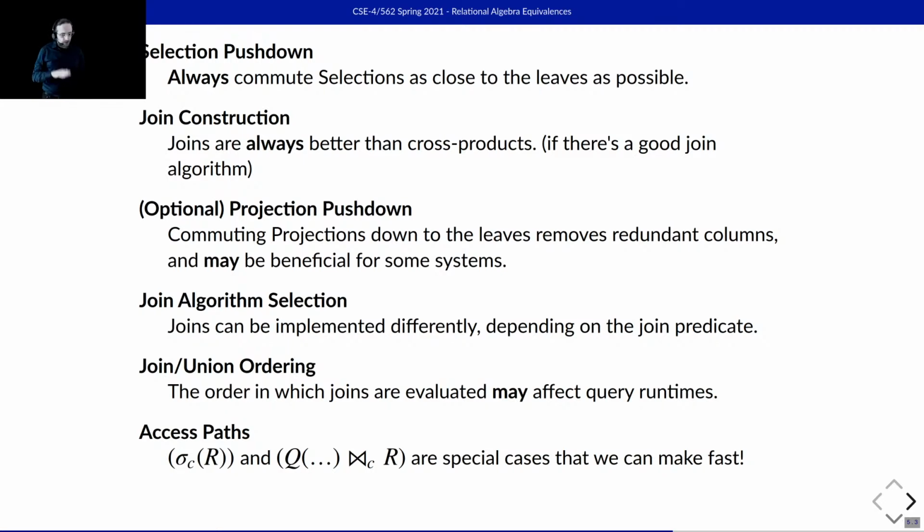With a projection, because you're removing attributes, that usually turns into a memory copy and sometimes a memory allocation. So pushing projections down, having more projections throughout your query plan, is not usually as helpful as having more selections. But there are cases where this is beneficial.